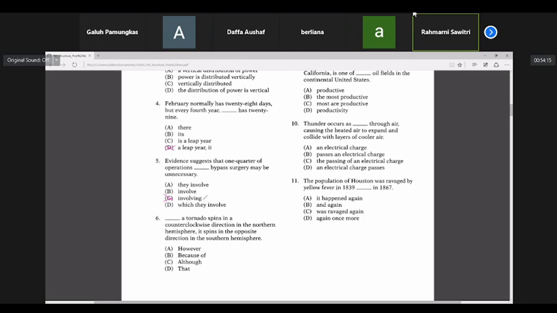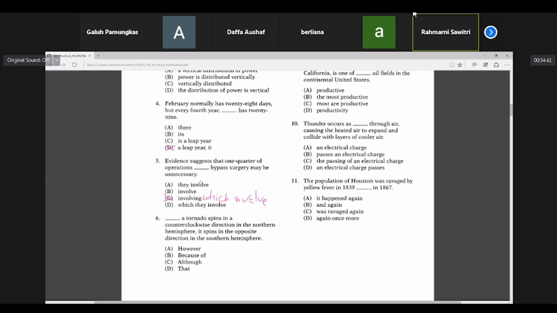So awalnya dari which involved. Here we have which involved, but then what happened next was that the word which was omitted and then involved becomes involving. Okay. So the correct one is C.